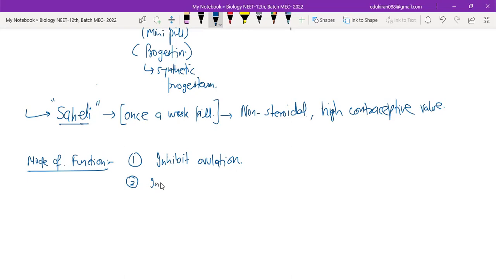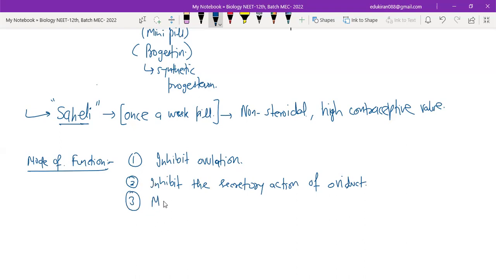Second, they inhibit the secretory action of the oviduct. The secretory action of the oviduct is important for the health of the ovum and fertilization. So they inhibit it.